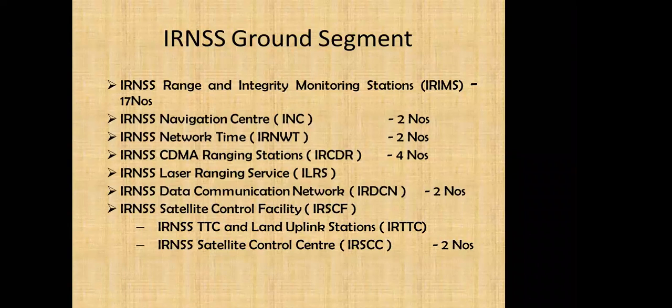And this IRNSS network time facility generates a clock from the hydrogen maser clock, which has a stability of 10 raised to the power minus 15, and an ensemble of other cesium clocks. So based on 2 hydrogen maser clocks and 7 cesium clocks, it generates a clock for the IRNSS.